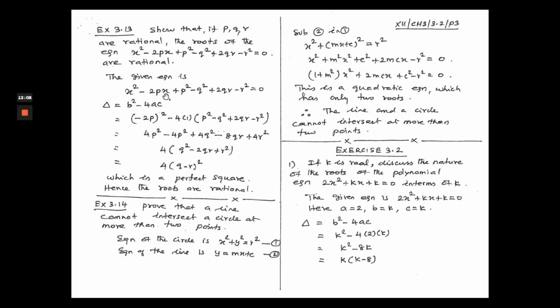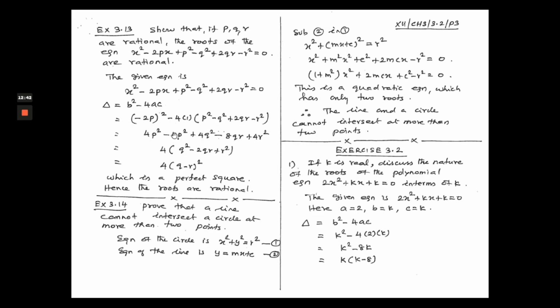Here b is the coefficient of x, minus 2p whole squared, minus 4. a is the coefficient of x squared, 1. c is all the other constant terms: p squared minus q squared plus 2qr minus r squared. I have taken this. If we square this, 4p squared minus, taking this inside, minus 4p squared plus 4q squared minus 8qr plus 4r squared.